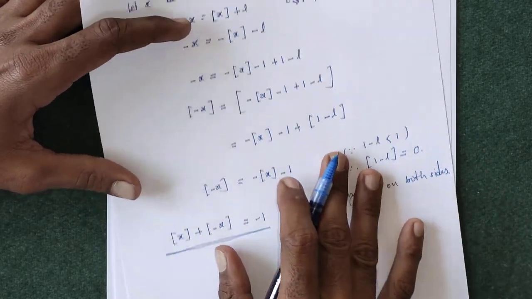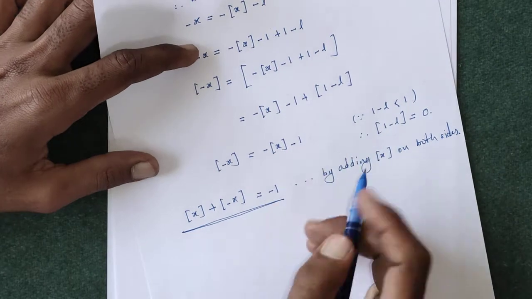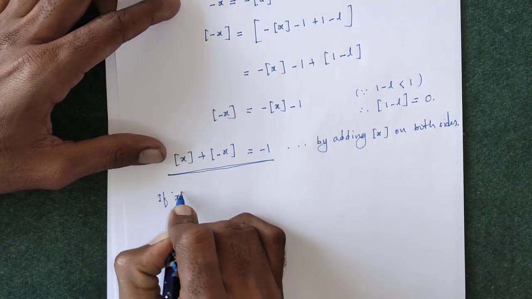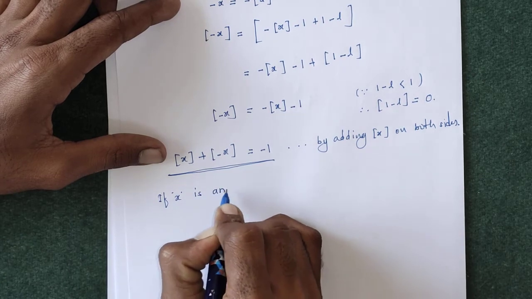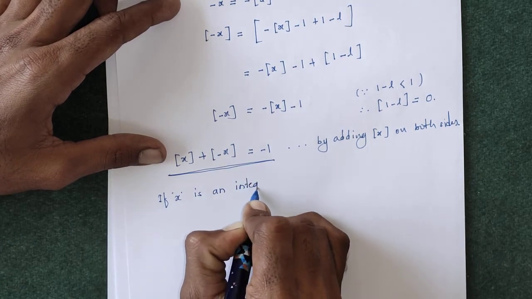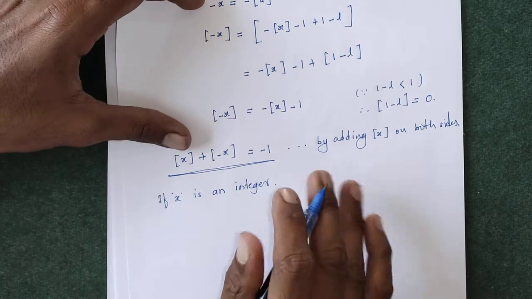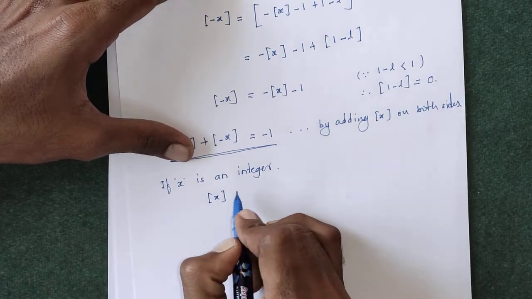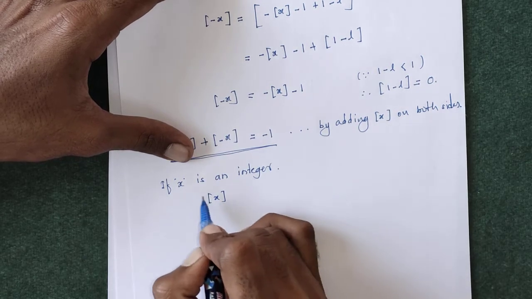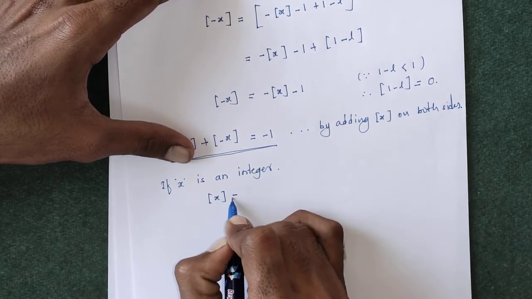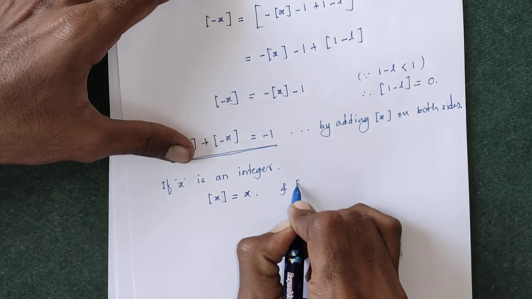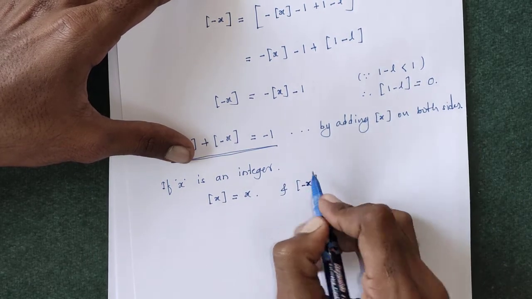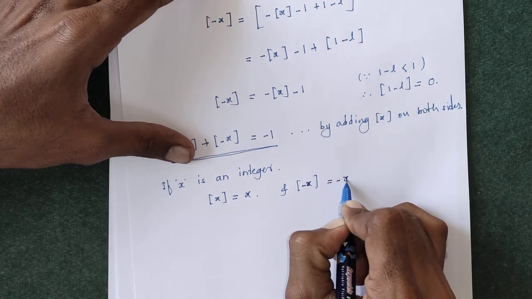Now second case is if x is an integer. If x is itself an integer, then by definition of the greatest integer function, the integral part of x is equal to x itself, and if x is an integer, then minus x is also an integer, so integral part of minus x will become minus x.